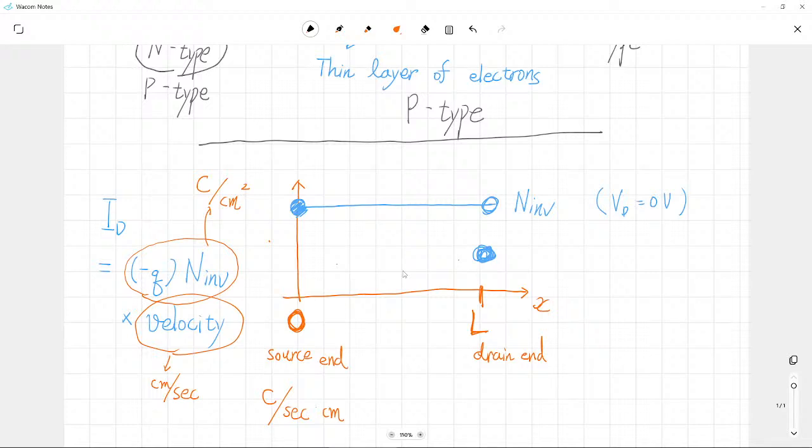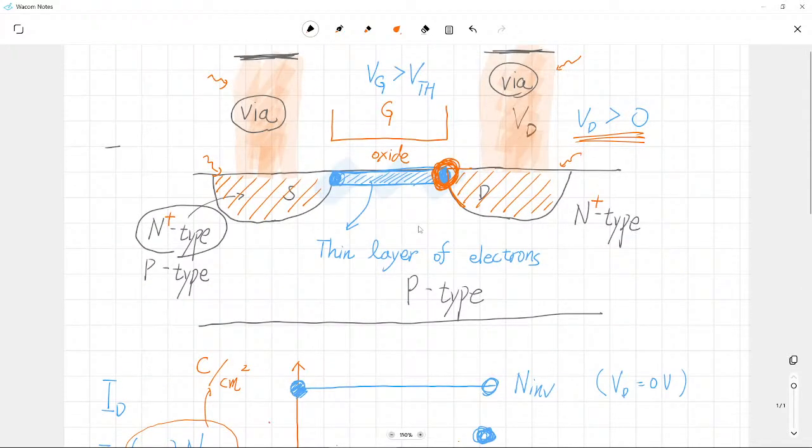However, it is certain that if we have a wider and wider device, we will have larger and larger current. So now it becomes clear that the missing length unit should be the width of your channel, which is hidden in this two-dimensional drawing.